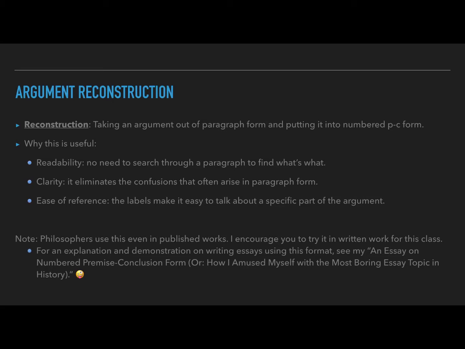What would it look like? How would you use it throughout the essay once you state it in numbered premise conclusion form? And so I went home and I wrote an essay about it, just giving an example, a demonstration. And I got a little carried away with it, having a little bit too much fun, as you'll see if you read it. But that's useful also for those of you going into philosophy. You'll have to do this at some point, and so it's good to get used to that now.